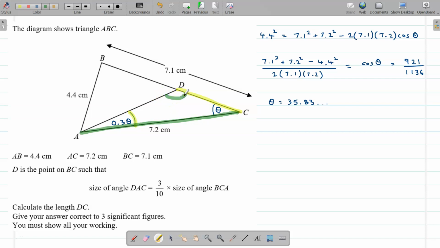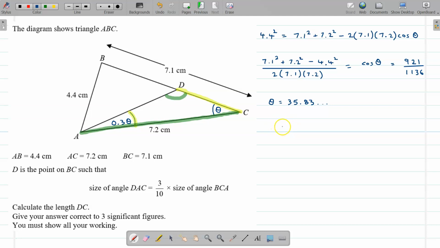That's how the sine rule would work. So I can say that this angle here that I've shown in green is equal to 180 minus that, because that's a triangle there, you see.